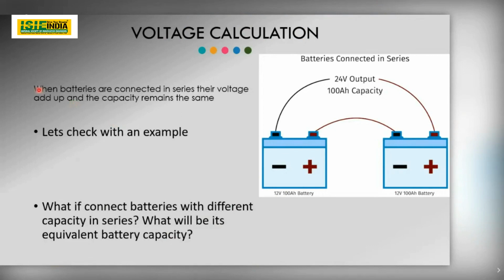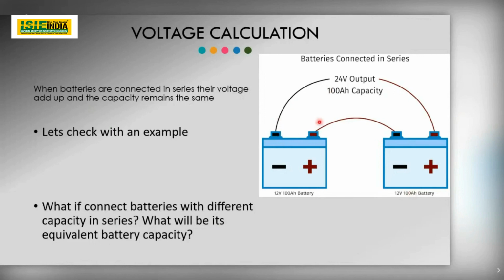When batteries are connected in series, their voltages add up and the capacity remains the same. This is a very fundamental thing in electronics and electrical engineering. Let's check with an example. Here are two 12-volt batteries, each of 100 Ah, connected in series.